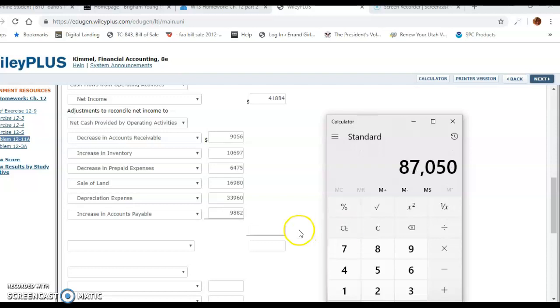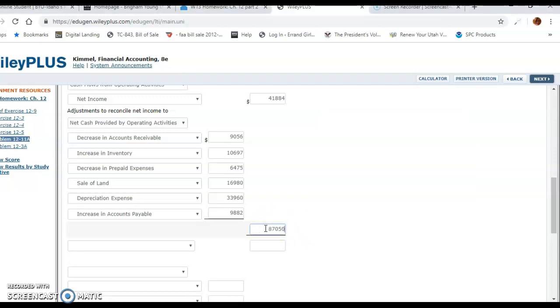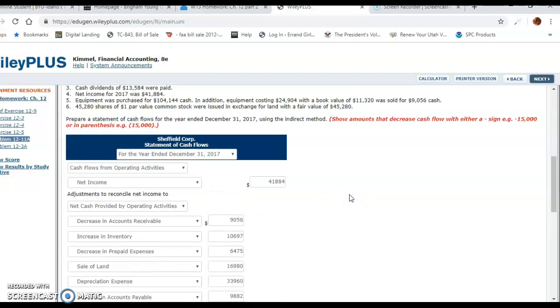Okay, so I came up with a grand total of 87,050. Okay. One of the great things about the homework that I have noticed is it is repetitive, which does help me pick up things.